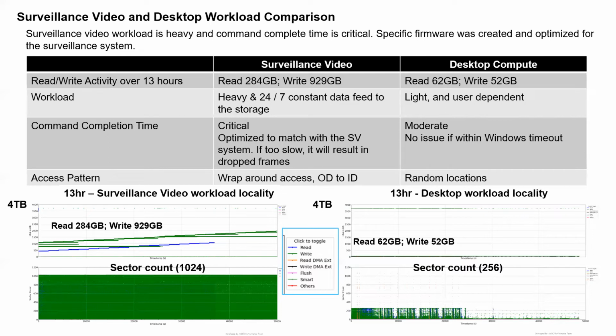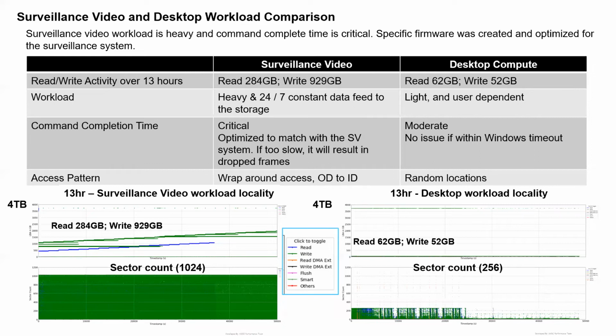In the upper graph, you can see 284 gigabytes noted in reads, 929 gigabytes in writes, and they're color-coded for you. The green commands are writes, and you can see how those streams, a number of cameras, are there crawling across the capacity from left to right. That's going from outer diameter to inner diameter.